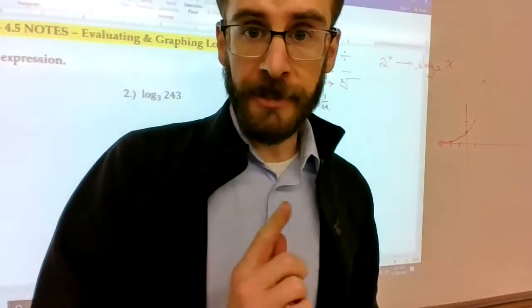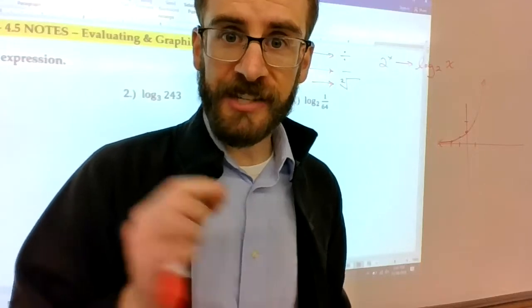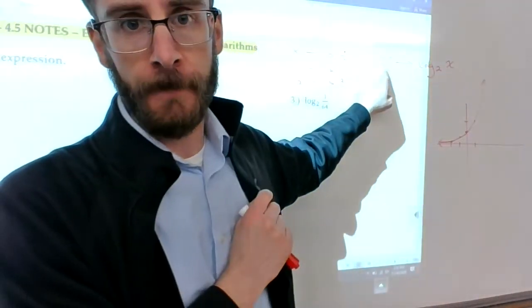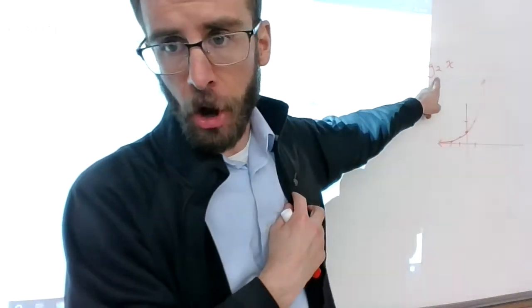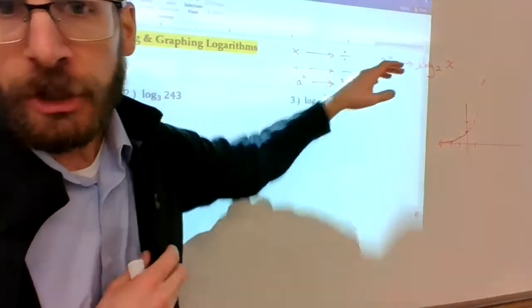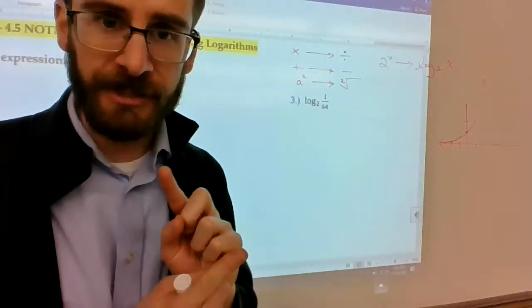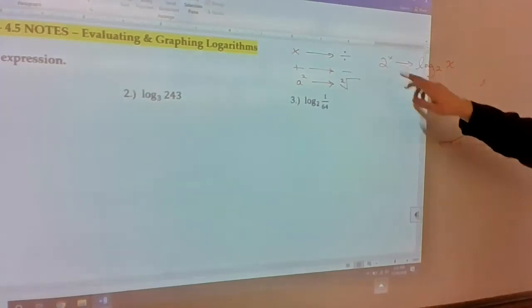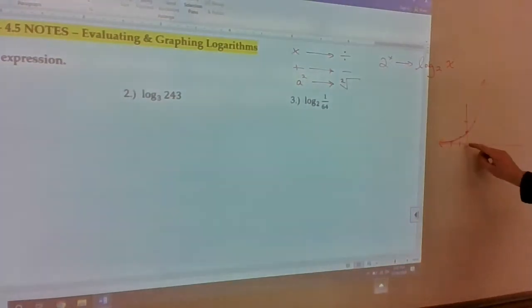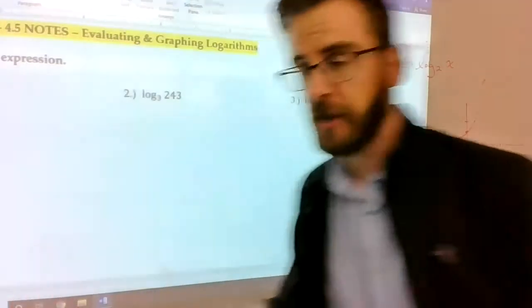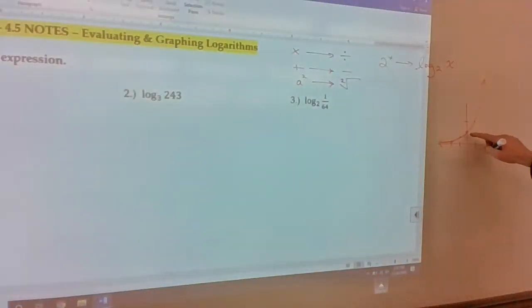What a logarithm does is it literally creates an inverse function to the exponential. All right? So when the base of the log matches the base of the exponential, you're just basically flipping the x and the y coordinates. So if to graph 2 to the x power, you went 0, 1, to graph log base 2 of x, you're going to graph 1, 0.